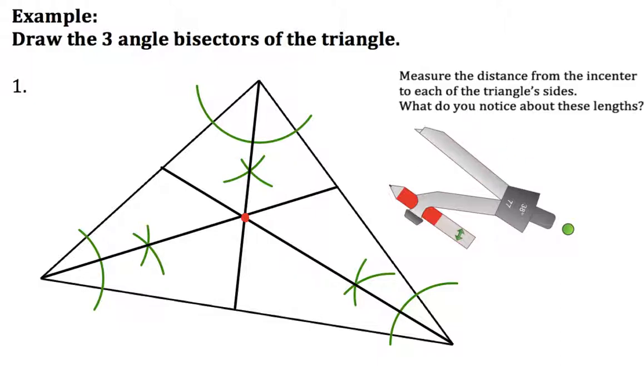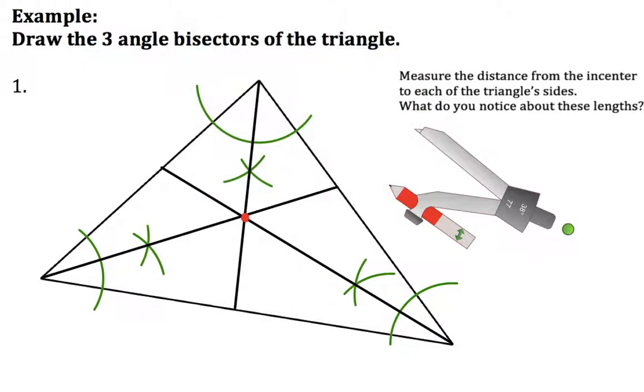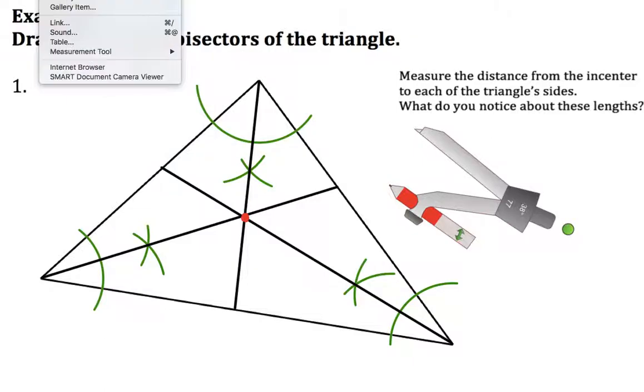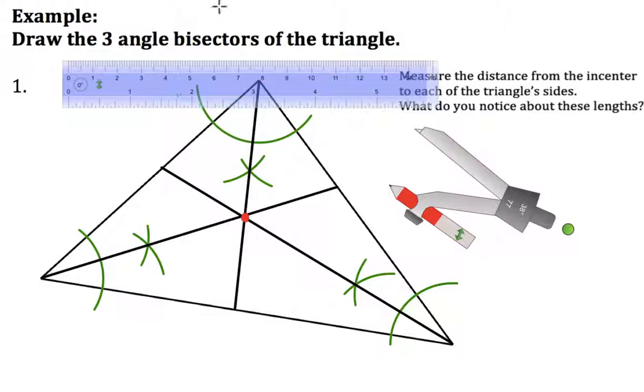So now what we're going to do is we're going to use a ruler. I always use centimeters, just makes life a little easier. And what you're going to do is put a ruler in here. Now, of course, my ruler isn't set up the same way.